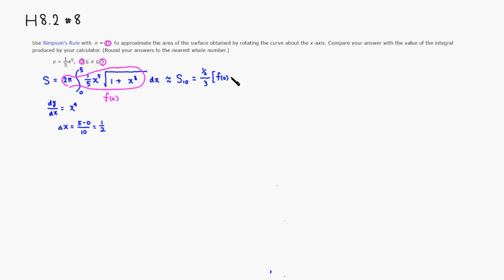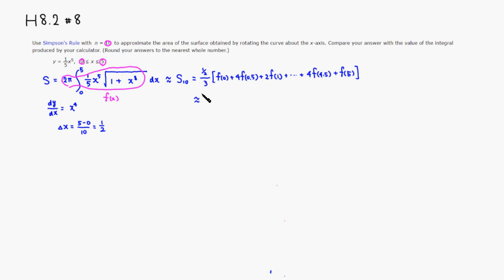The next one would be 4 times f of 0.5, because delta x is 1/2, and the next one is 2 times f of 1, and so on. The second to last would be 4 times f of 4.5, and the last one is f of 5. Let's compute this value.